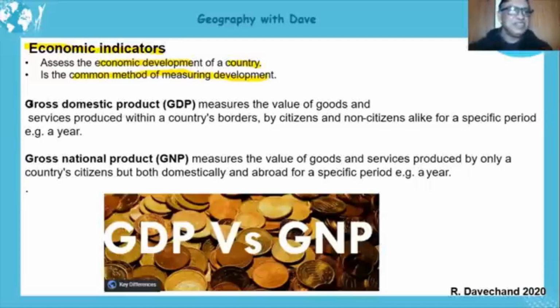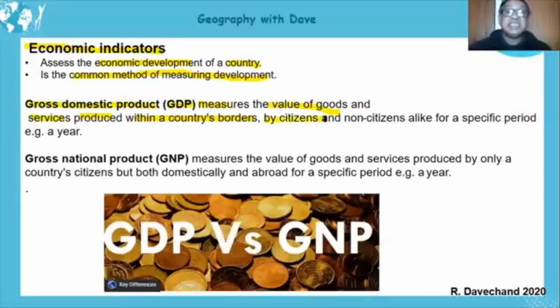So the first one we look at is the gross domestic product, also known as the GDP. I told you we're going to cover this in more detail now. This measures the value of goods and services produced within a country's borders. So if it's South Africa, it's within South Africa, not outside. What's goods and services produced?